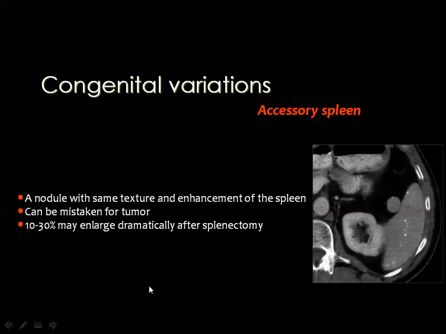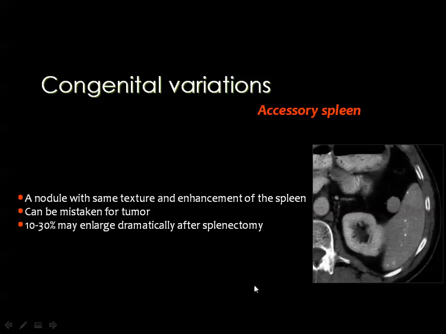Some of the congenital lesions of the spleen include the presence of a small accessory spleen, which is known as the splenule. The splenule is a small spleen located adjacent to the original one. It will show the same density of the splenic tissue in the pre-contrast and post-contrast scans.